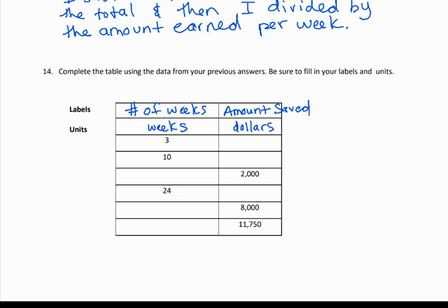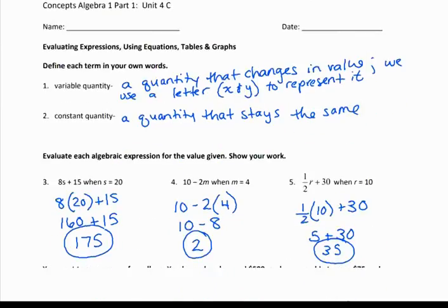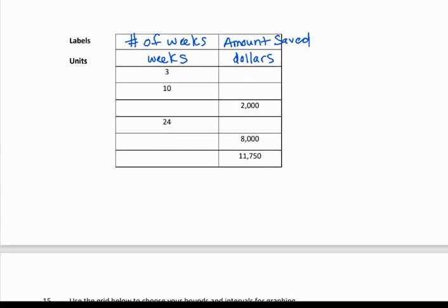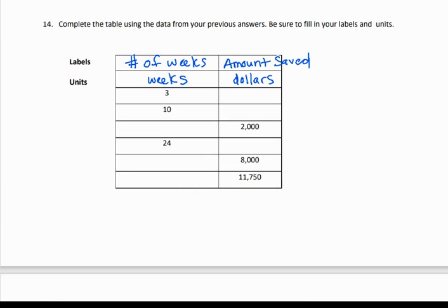So this is super important that we copy our numbers right. How are we filling in this chart? Based upon your calculations from before. So let's start with the first page. That was with the 3, 10, and 24. So if I go to the first page, for 3 weeks, I made $725.